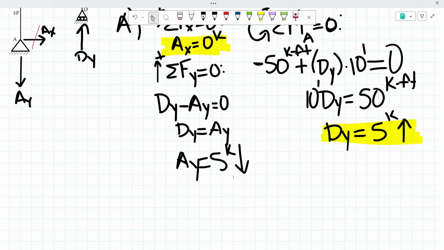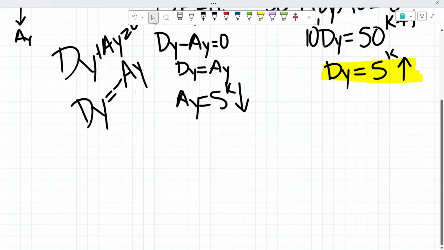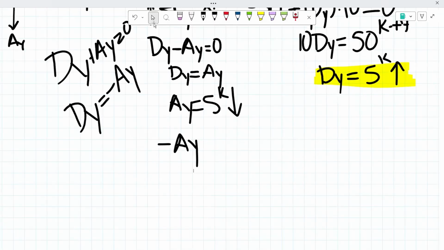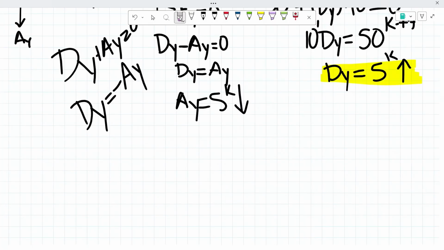So in this case, if you would have assumed that A sub y was positive, going upwards, you would have had something like this: D sub y plus A sub y is equal to 0. So you would have gotten that D sub y is equal to negative A sub y, right? So in a way, your A sub y would have been the negative version of your answer for D sub y.